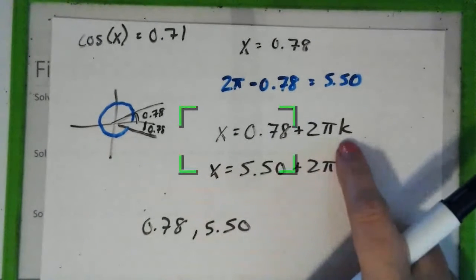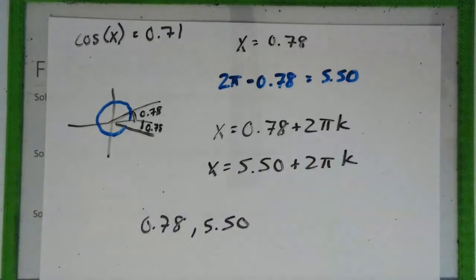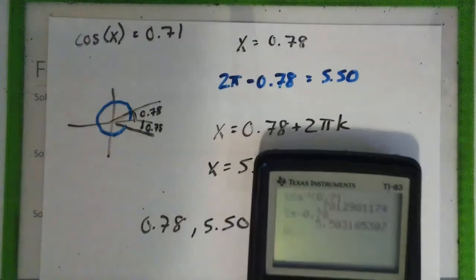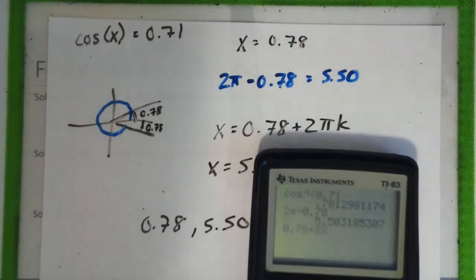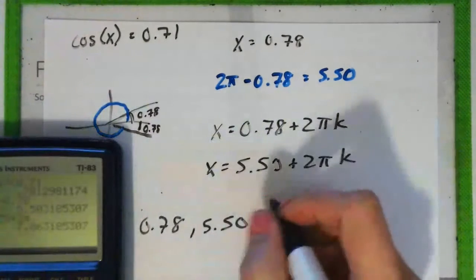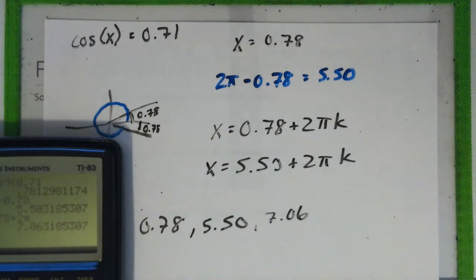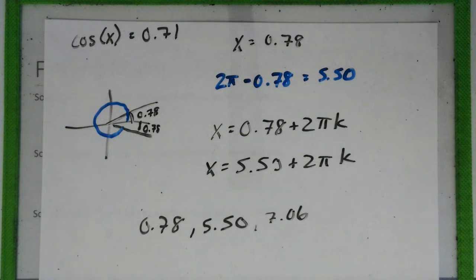So if I let k equal 1, meaning I'm going around the circle one time in the positive direction, then we get 0.78 plus 2 pi times 1, which is just 2 pi. And our next solution is 7.06. So those are our solutions.